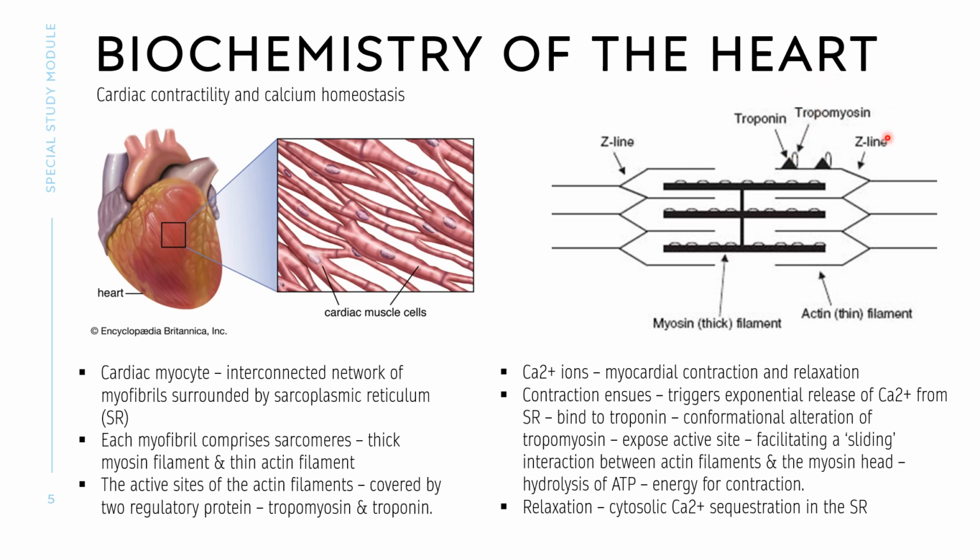This alteration will expose the active site, thus facilitating a sliding interaction between the actin filament and the myosin head. This is the contraction. It will also trigger the hydrolysis of ATP, since contraction needs ATP energy.